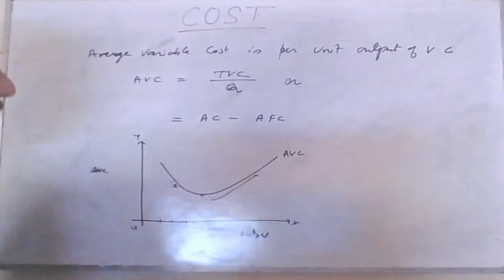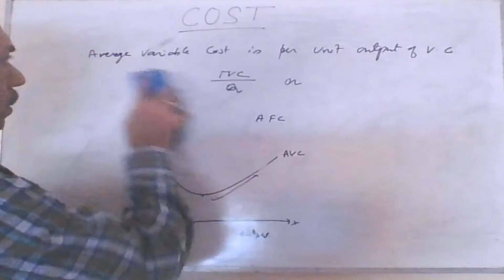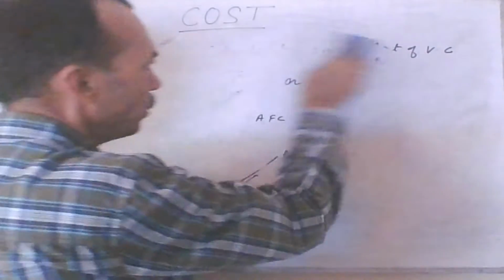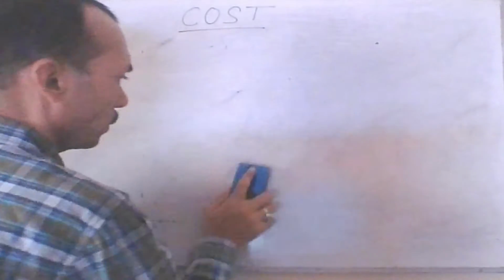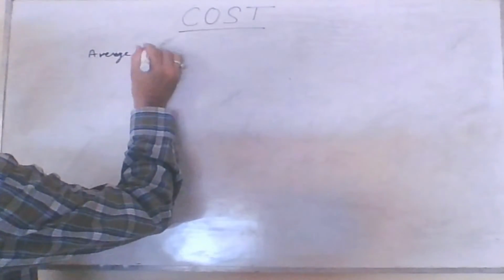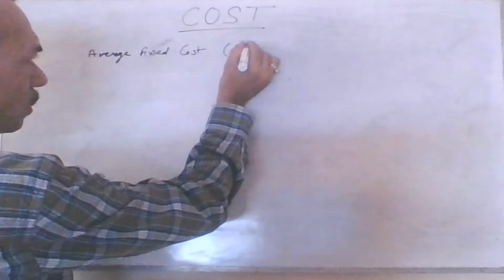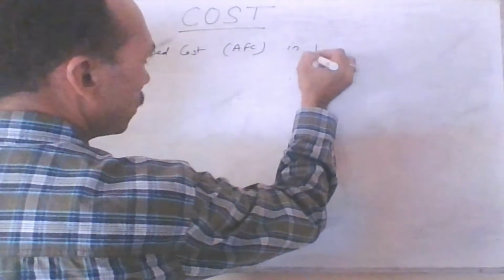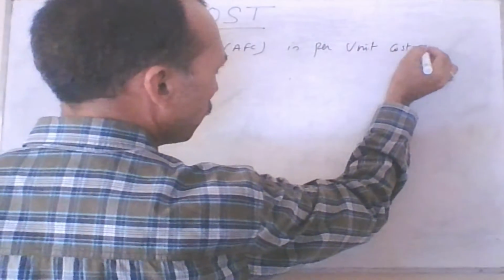Next is the average fixed cost. Average fixed cost, AFC, is the per unit cost of fixed cost.